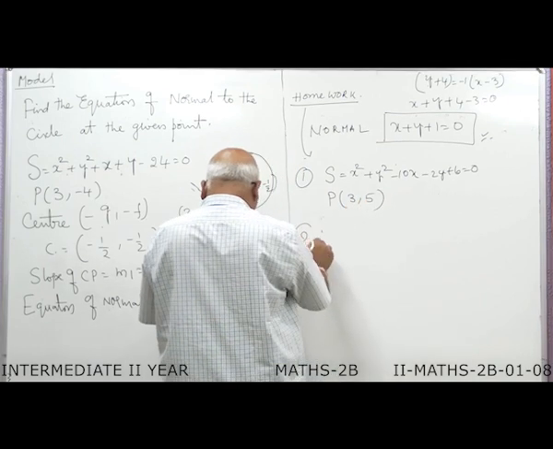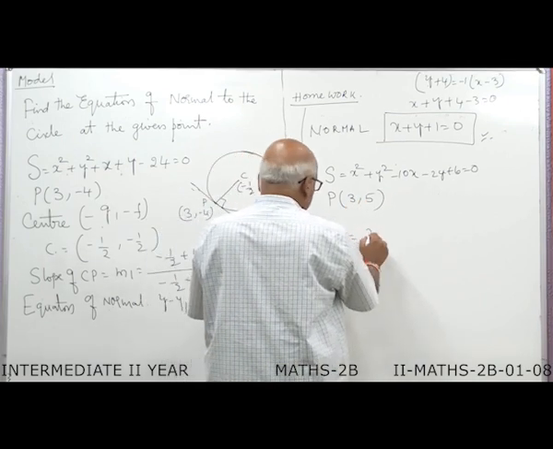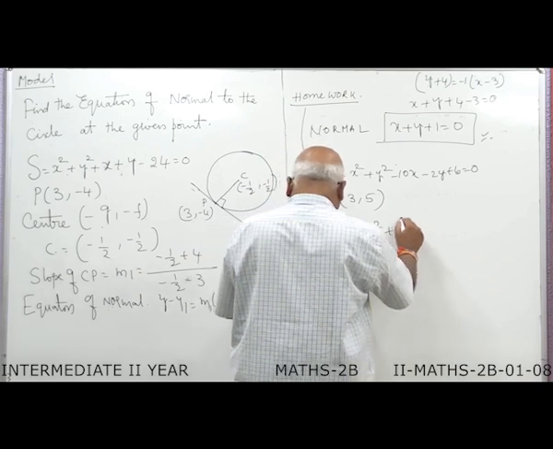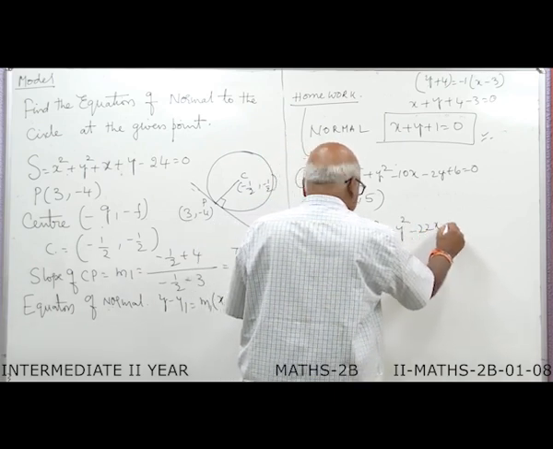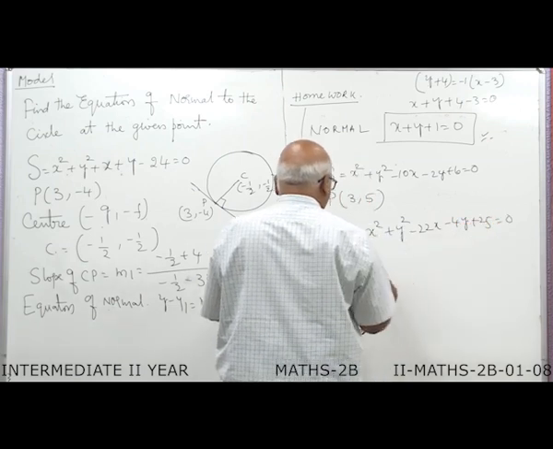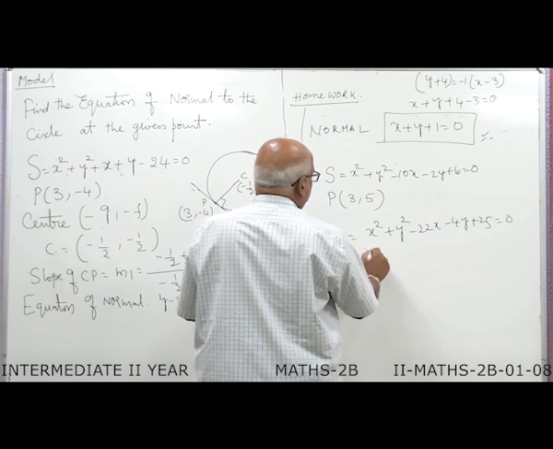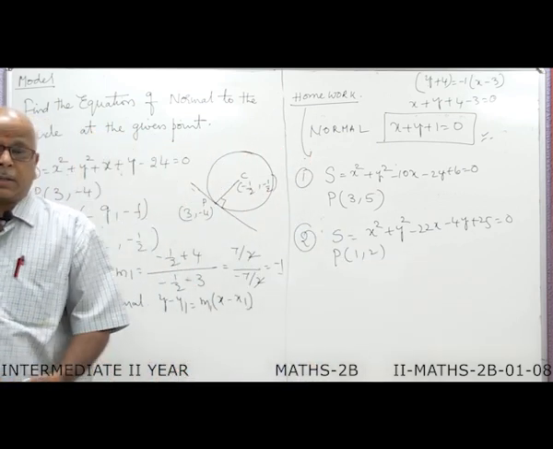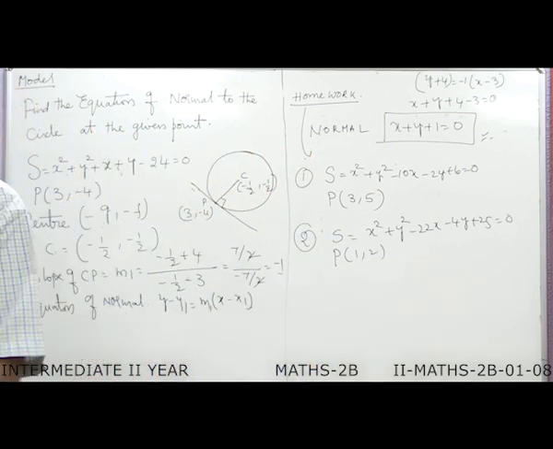And the second problem, S equal to x square plus y square minus 22x minus 4y equal to 0, P is (1, 2). Find the equation of normal to the circle.